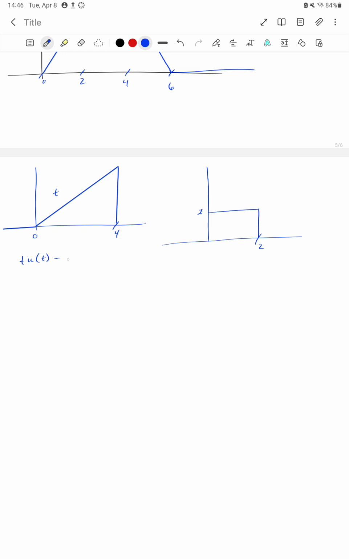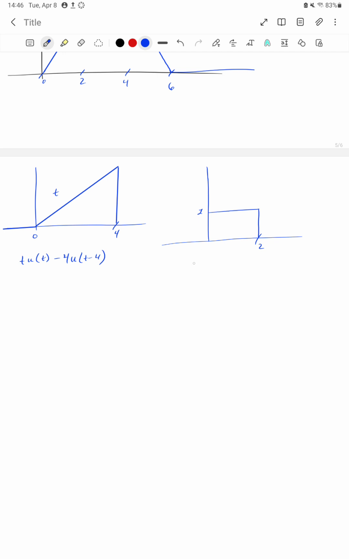And then we're going to go down at t equals 4, minus 4 u of t minus 4. That's what that function is going to look like mathematically.